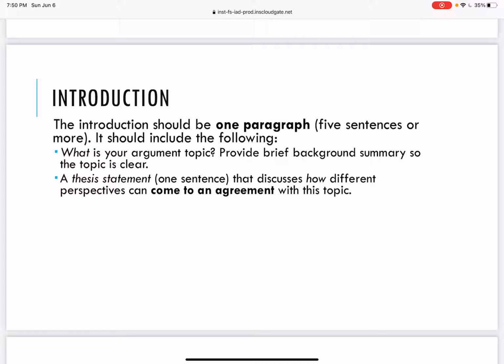So the introduction is brief. Before I talk about that, I want to remind you that your topics for this essay should be something that you know enough about to discuss in your own words, especially for the introduction paragraph.